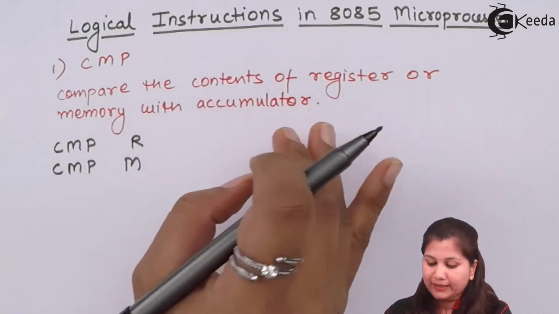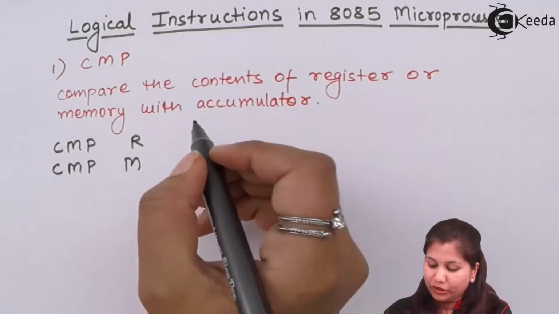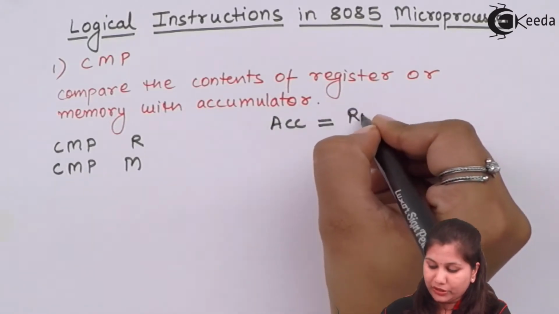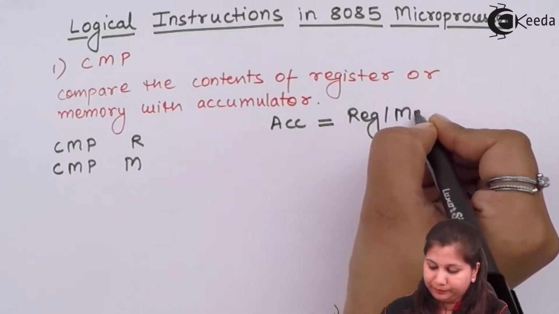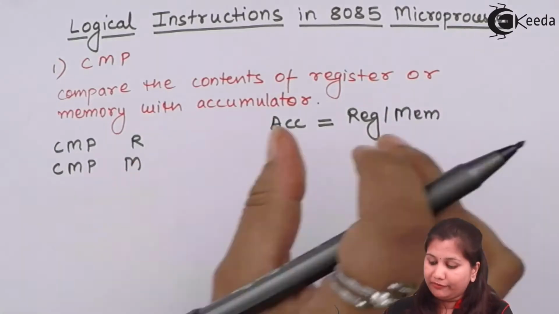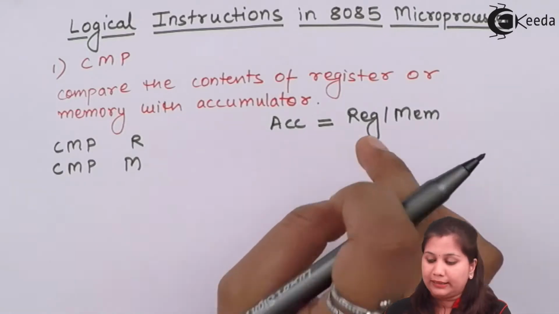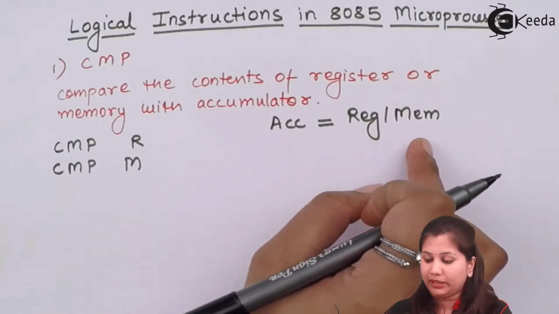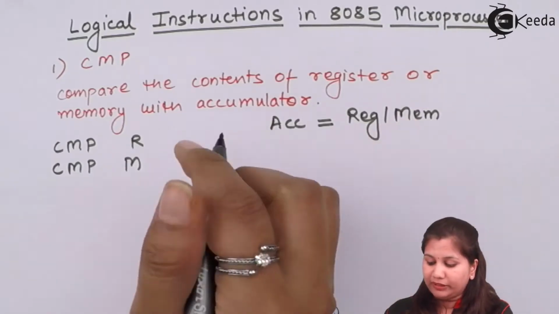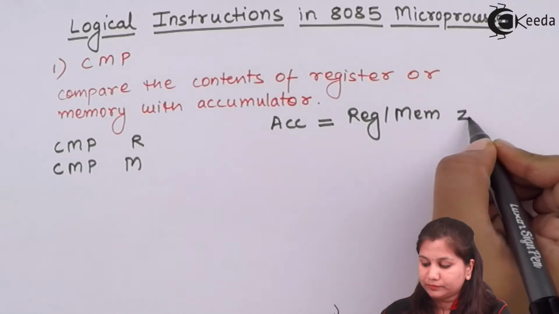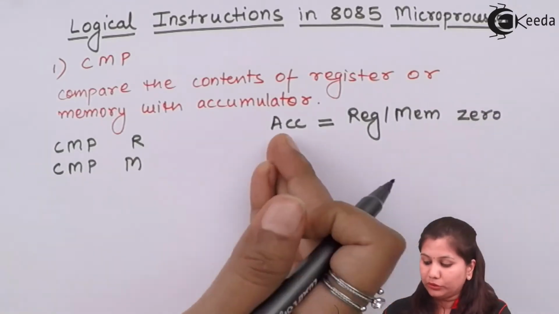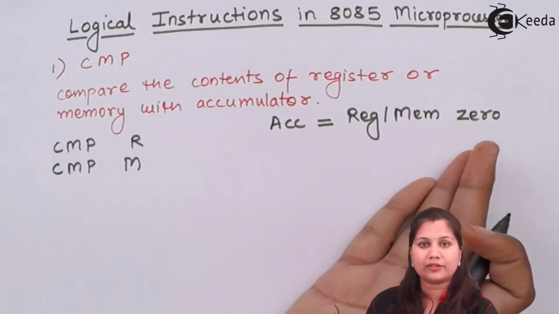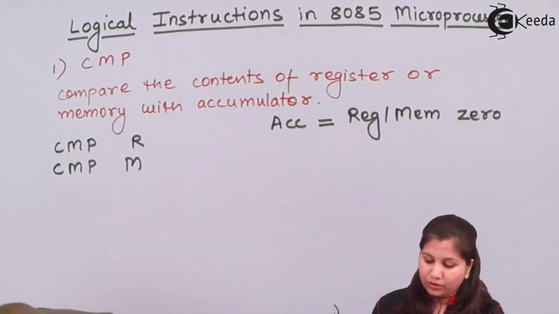Now how is this comparison done? Suppose the contents of the accumulator are equal to the register or the memory. If we perform the subtraction, subtracting the contents of the register or memory from the accumulator, then if they are equal, we will get the result as 0, because both contents are equal, so their subtraction will result in 0.